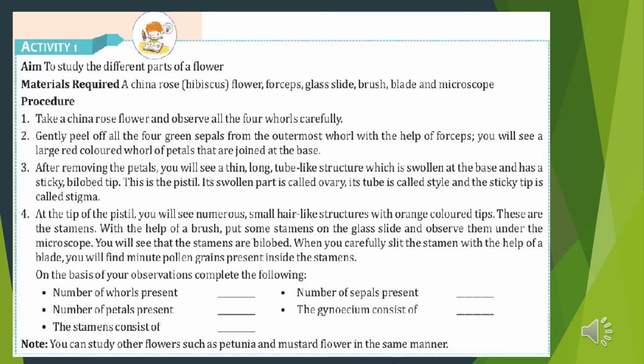I told you the green part is outermost, and after that the scented, colored petals, and after that the inner wall, stigma, style. All these you can clearly see in hibiscus because it's a big flower. You can easily find it and easily see it also. So you have to do this at home by yourself.